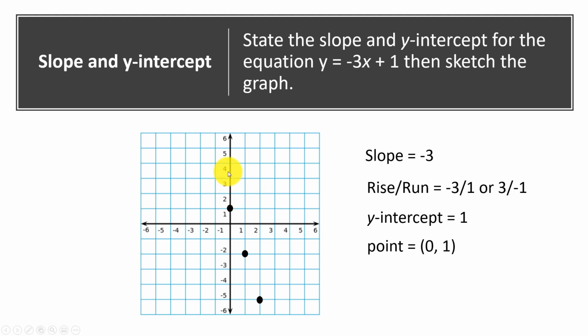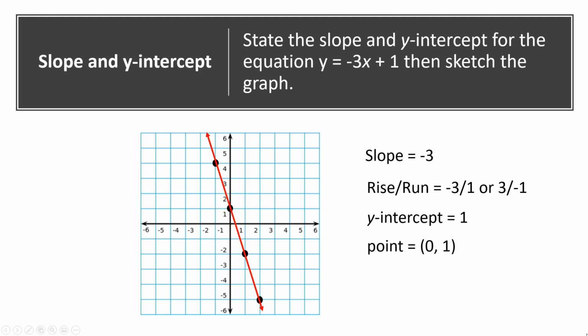We go 1, 2, 3, and then to the left 1, there's our point. And if we connect these, we can clearly see this is a straight line. It has a negative slope, and the y-intercept, the point where it's intersecting the y-axis, is a positive 1.